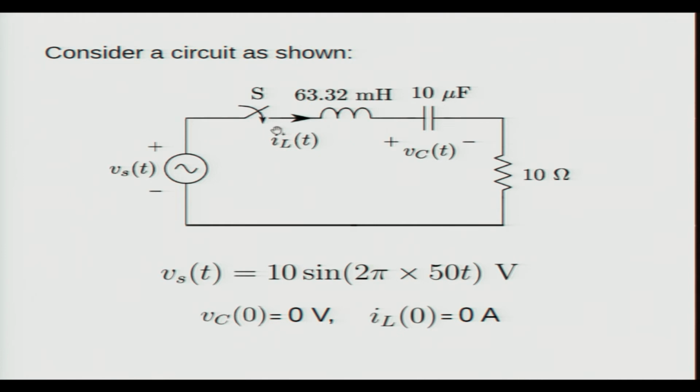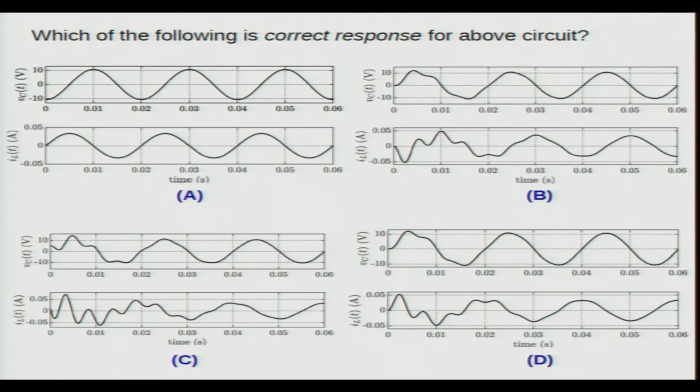And therefore, if one is asked which of these 4 options is correct, one should eliminate the kind of sinusoidal steady state response in which the voltage leads the current.